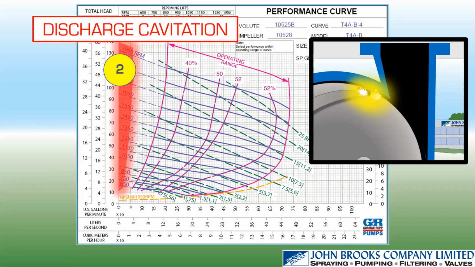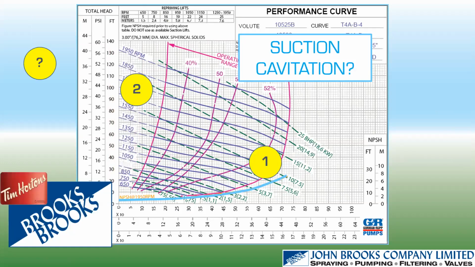Now I'd like to lay whatever cards people have won today on the next question. Where does suction cavitation take place? Location 1, where the NPSH is very high, location 2, or don't know? What do you think the answer is there?